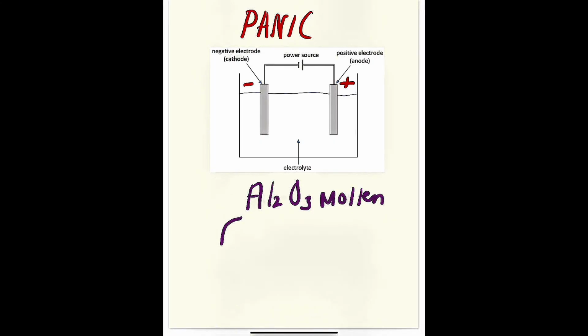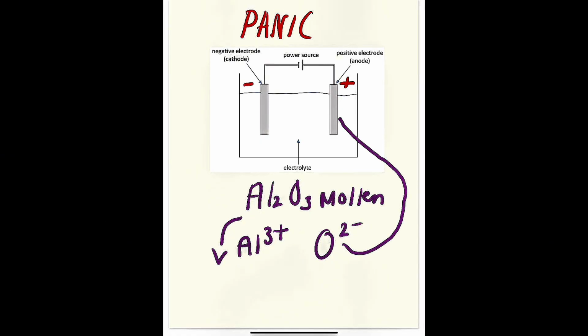So the ions that we have present are Al3+ and O2-. Oxygen is going to be discharged at the anode, which we have over here, and aluminium is going to be at the cathode. This is what you need to remember for the electrolysis of molten aluminium oxide.